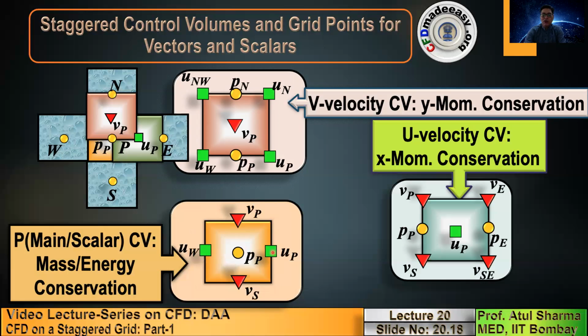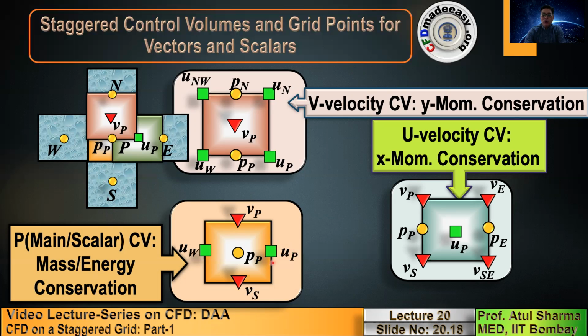Now, mx involves u. So when you have to calculate mxe, for the velocity small ue, which is on the east surface of this control volume, the pixel or the grid point for the U velocity is already defined.